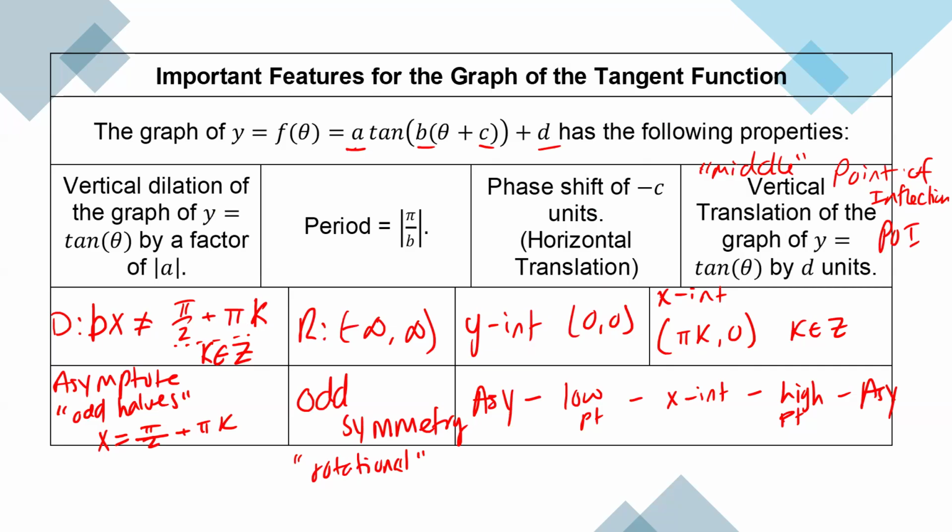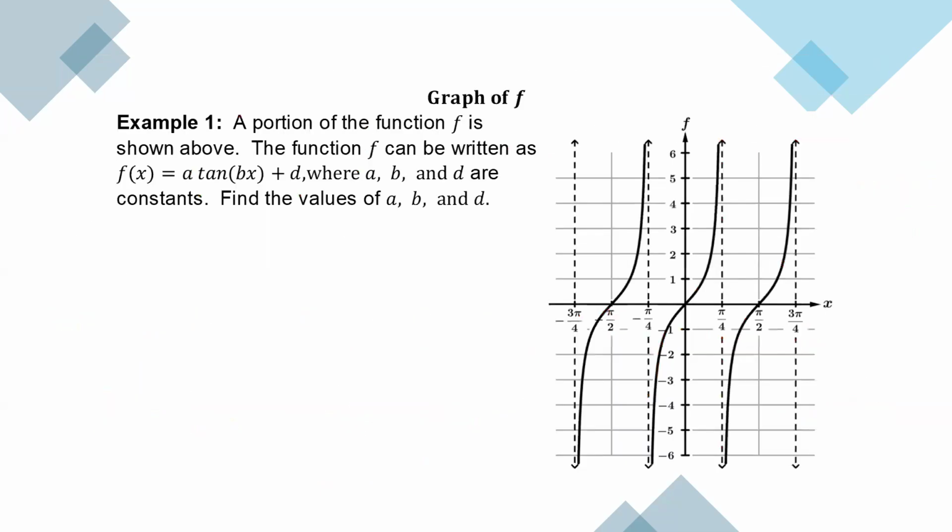All right, so we've learned all that we can learn about the parent function. Now we're going to dive in and solve it, use it, go from there. So up first is our first example. It says a portion of the function f is shown above, well, below, next to. I tried to say paper. It was above. Now it's next to. The function f can be written as f of x equals a tan b of x plus d, where a, b, and d are constants.